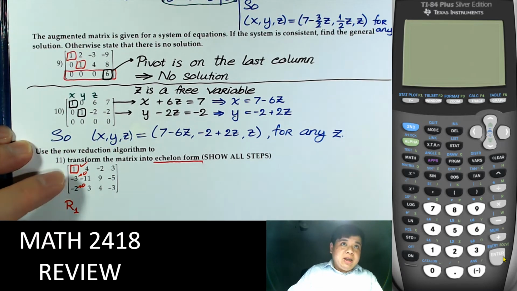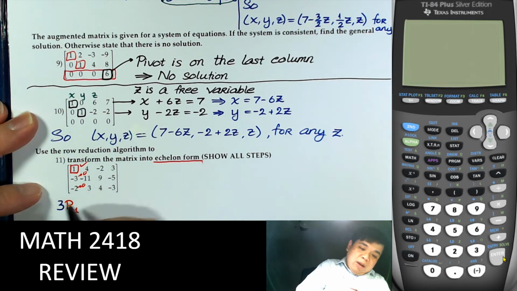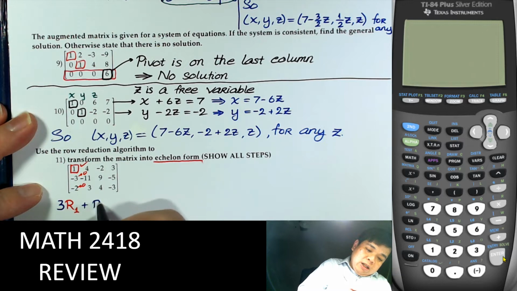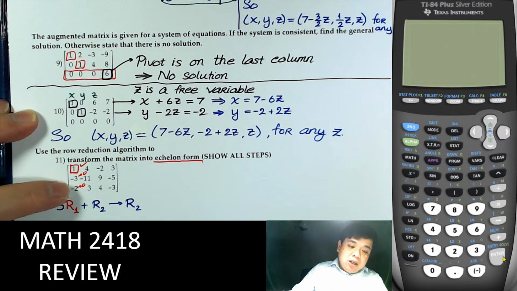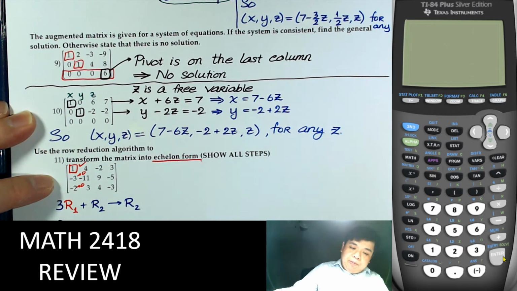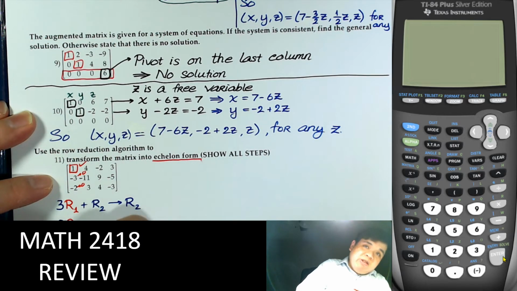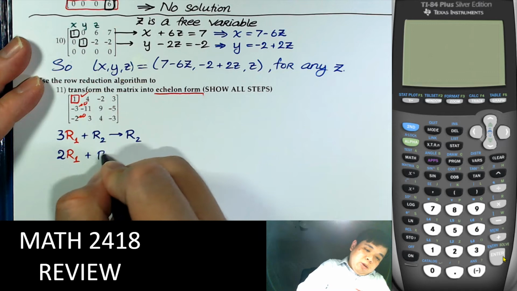To eliminate the negative 3, we take the opposite of that. Since we eliminate row 2, we add and replace to row 2. Same thing, we use the opposite number, and since it's just 1, we choose 2, based on the pivot row 1, and we will add and replace in row 3.